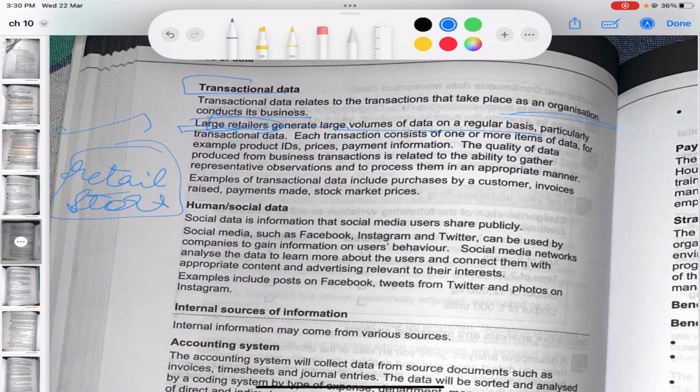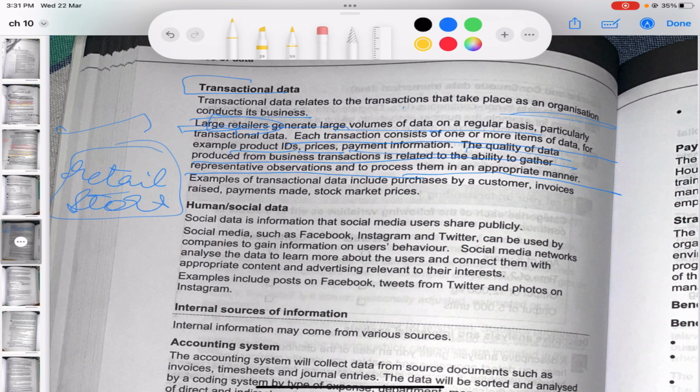Every day they buy and sell goods. Every day there are various sorts of transactions which keep taking place in their books, right? Each transaction consists of one or more items of data: product ID, prices, payment information. The quality of data produced from business transactions is related to the ability to gather representative observations and to process them in an appropriate manner.